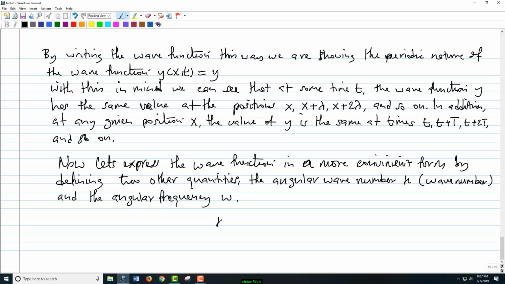So we will say the wave number k is equal to 2 pi divided by lambda, and our angular frequency omega is equal to 2 pi over T, which we can also write as 2 pi f. So this is our angular frequency.